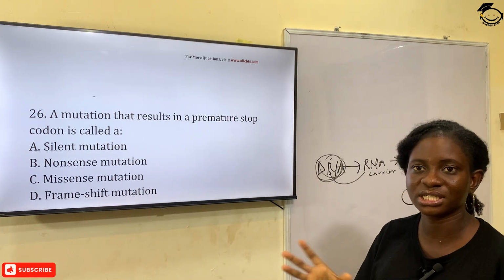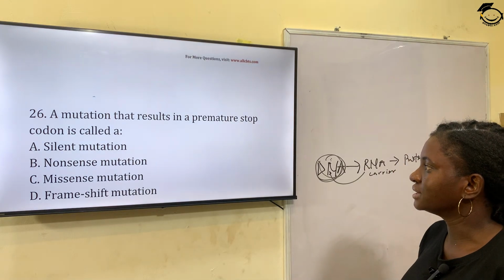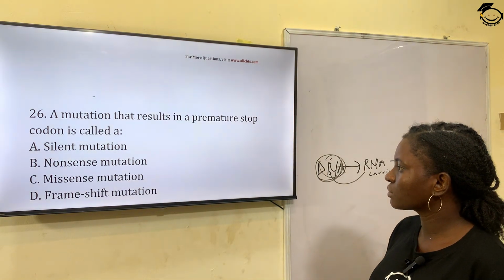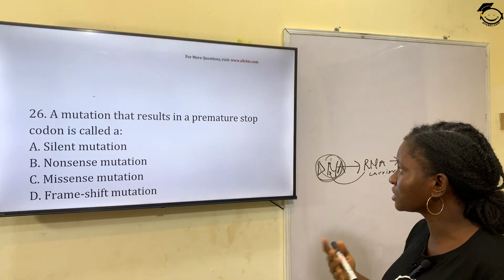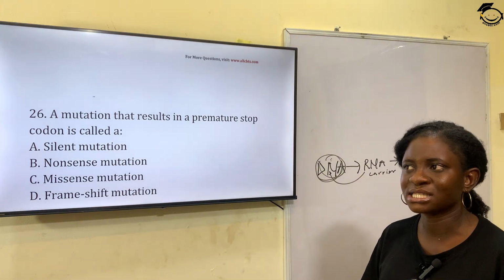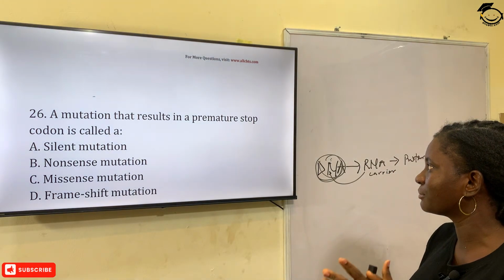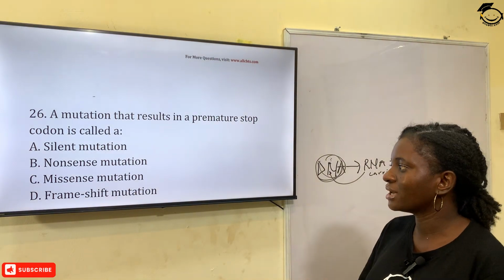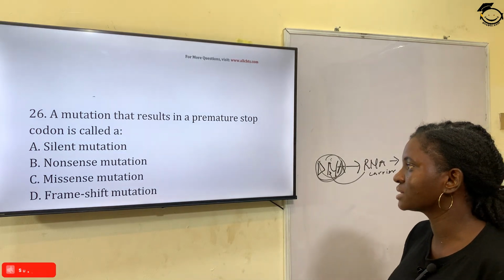There's a change in the amino acid sequence in the gene. So the correct answer to this question is nonsense mutation. It results in a premature stop codon, which just halts the process. The correct answer is nonsense mutation.